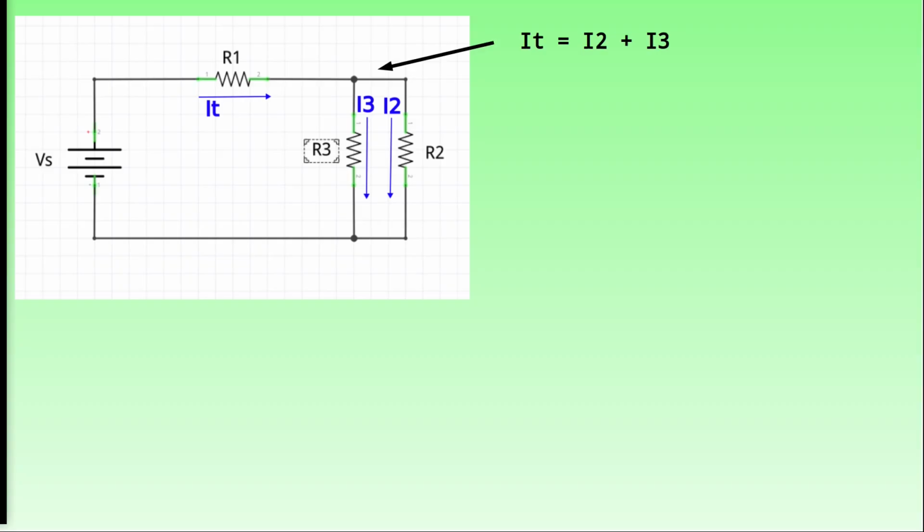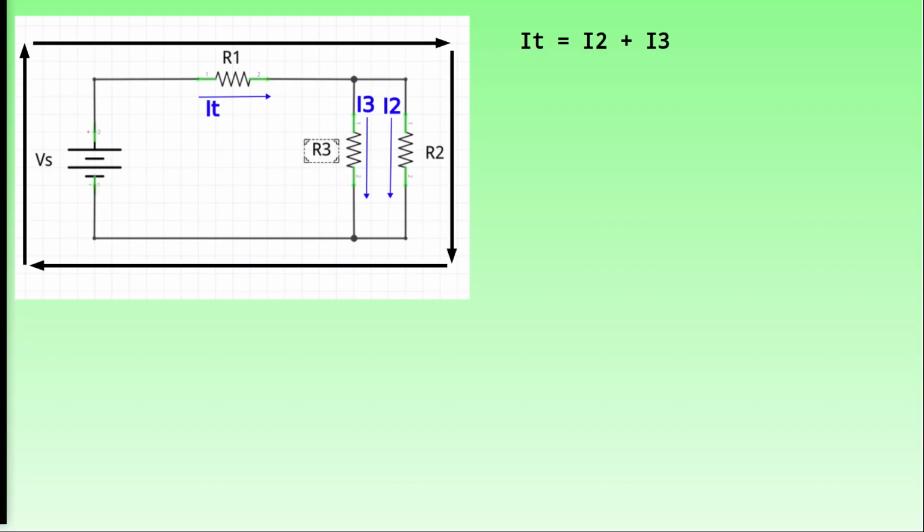Let's apply KVL to the outer path. The source voltage minus the drop across R1 minus the drop across R2 must equal 0. Vs minus VR1 minus VR2 equals 0. And here's the trick.